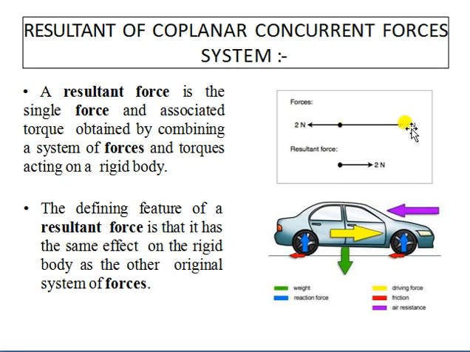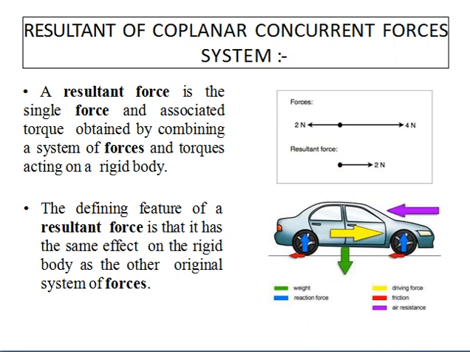One force is moving to the right with a value of 4 Newton. The other is moving to the left, opposite to the first force, with a value of 2 Newton. The ultimate force acting will be 2 Newton, since taking the summation of all the forces in the horizontal direction, plus 4 minus 2, gives 2 Newton.